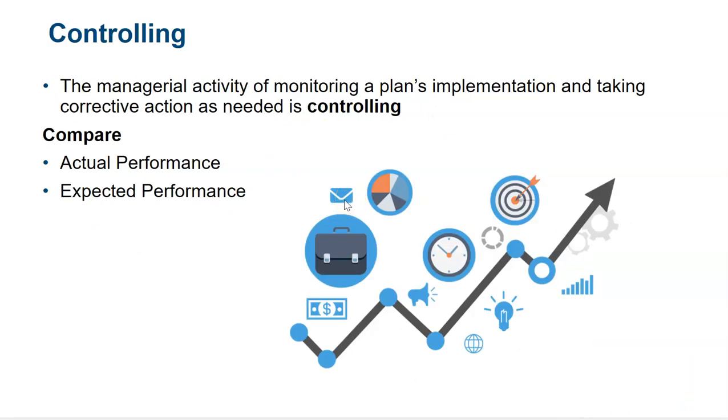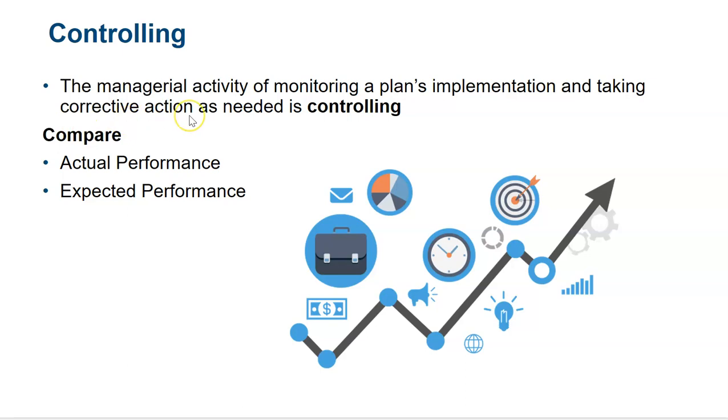Controlling these are the day-to-day actions. It says managerial activity of monitoring a plan's implementation. And then as needed, we're going to take corrective action. In other words, we have a plan. Maybe the plan is working exactly the way we wanted it to, but it's no longer a good plan.